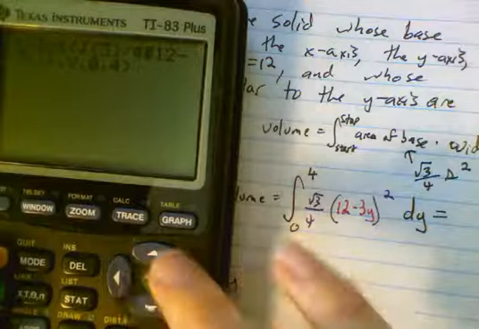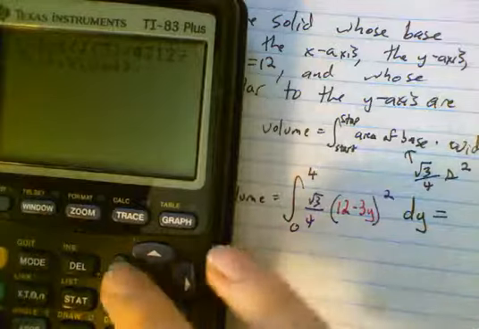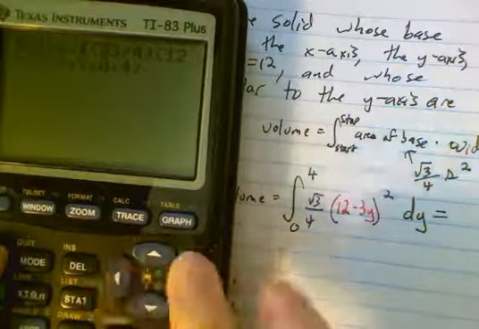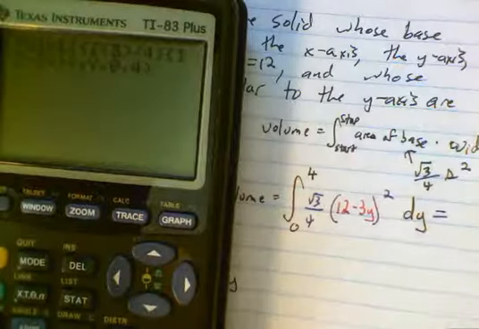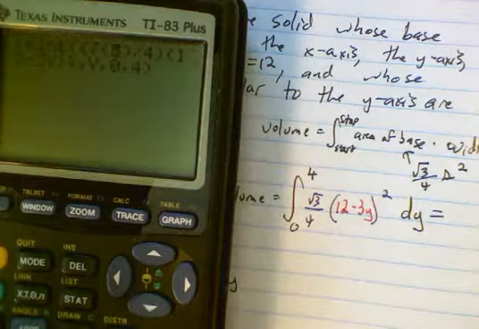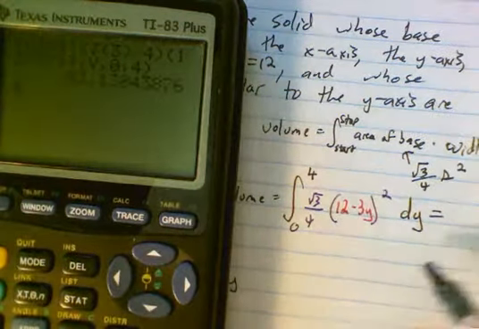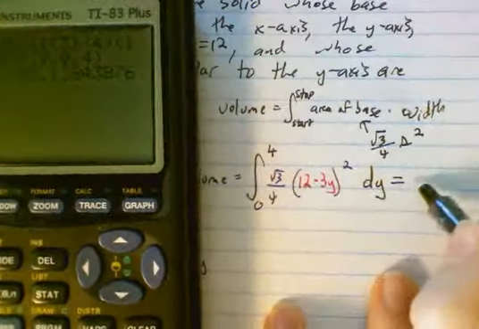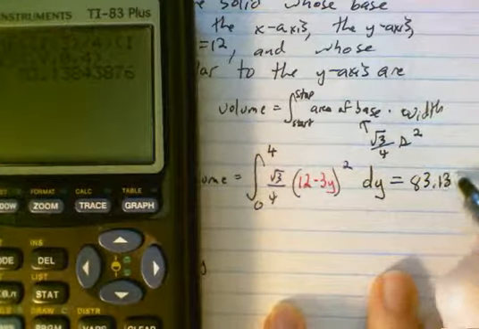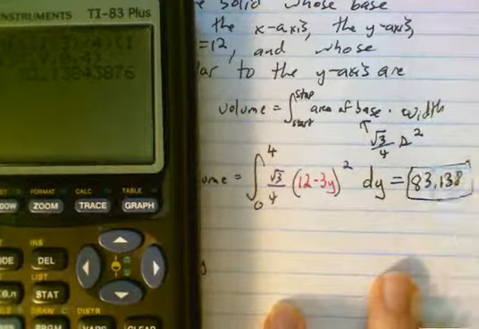On some of the calculators, you're going to need to put this fraction, root 3 over 4, in parentheses. It doesn't hurt if you do it on the 83s, but on the 82s, I think you have to do it that way. And there we go.